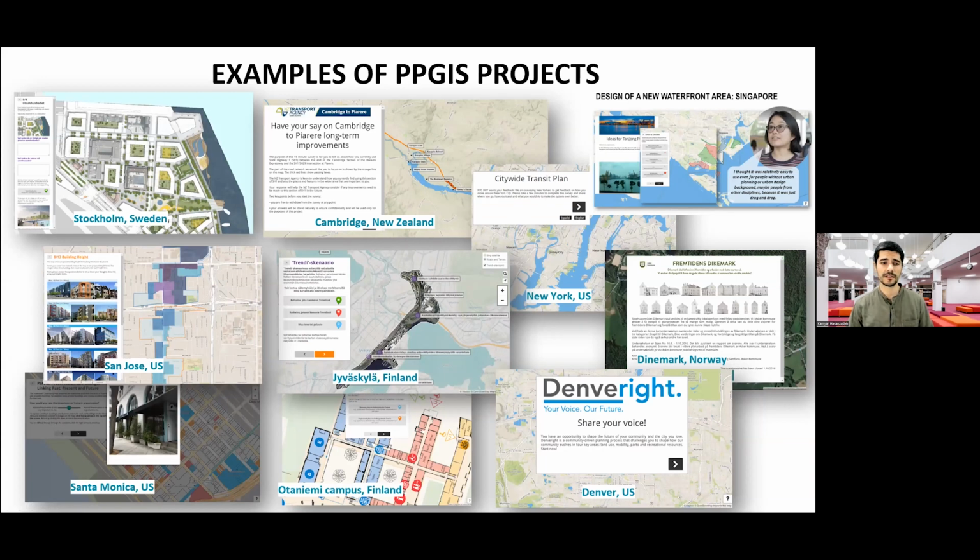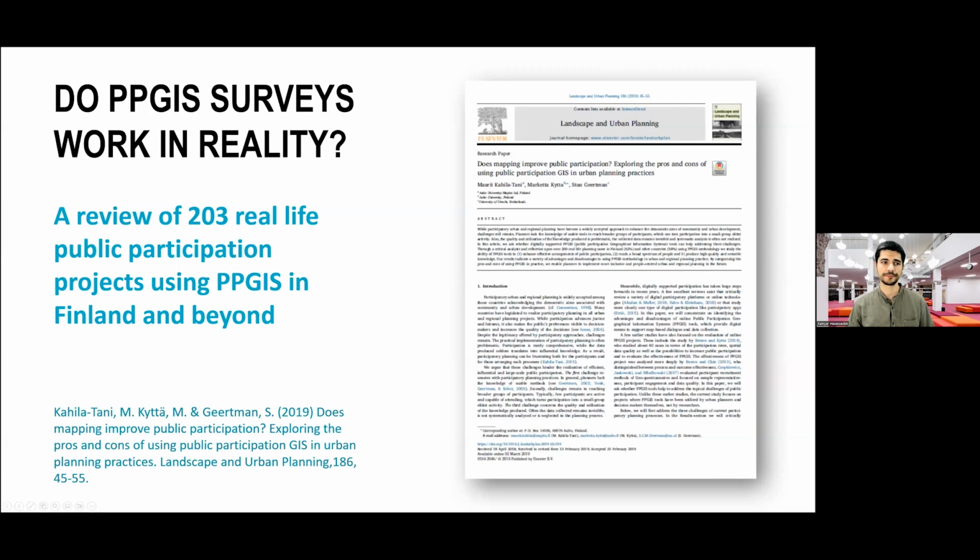Here you can see a few examples from cities around Finland and around the world. It has been used even at different scales, sometimes a very large area, sometimes in a master's thesis from the Otaniemi campus for studying indoor spaces in the main building. So applications are very wide.